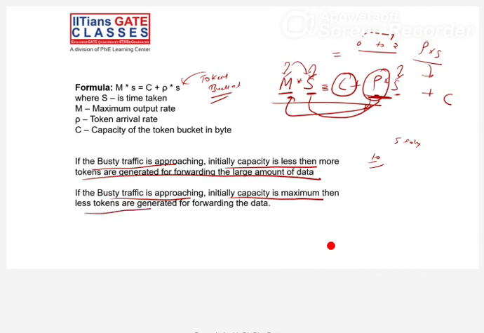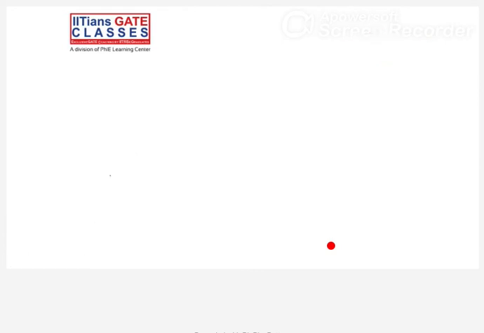In 1 second you can send 2 Mbps, in the next second 4 Mbps, then 8 Mbps. The output rate is bursty like this, whereas in the previous one it was fixed at 4 Mbps. How are we doing this? With the help of tokens. On each router, the token bucket algorithm is there.